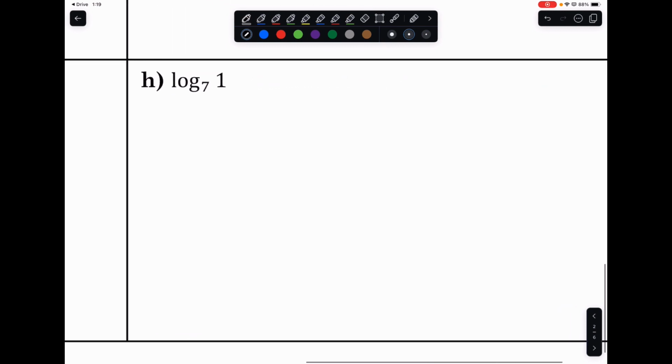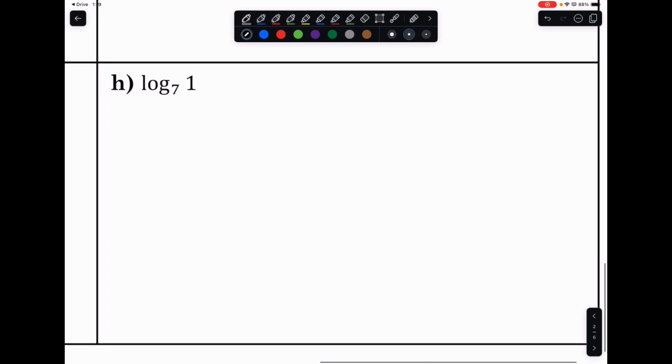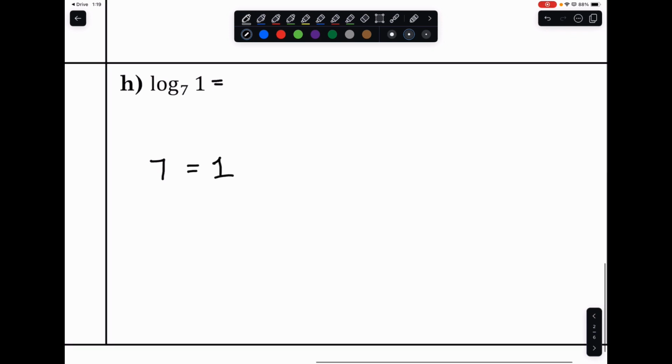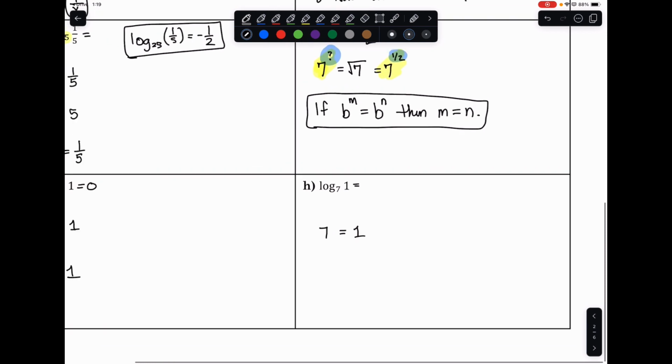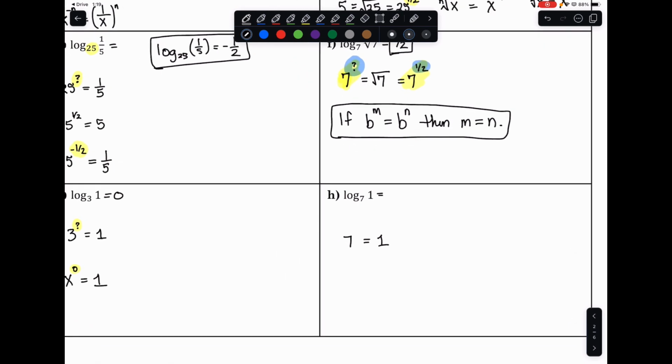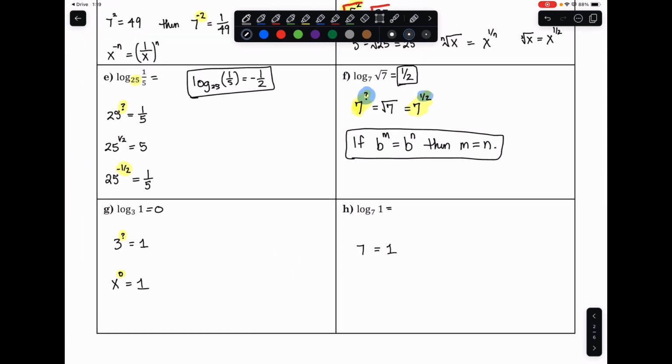And for the last example, the log base 7 of 1, what is that going to equal? Well, that means again that 7 has to be raised to some power so it becomes 1. The exact same situation as before. The only way that this becomes 1 is if 7 is raised to the 0 power.